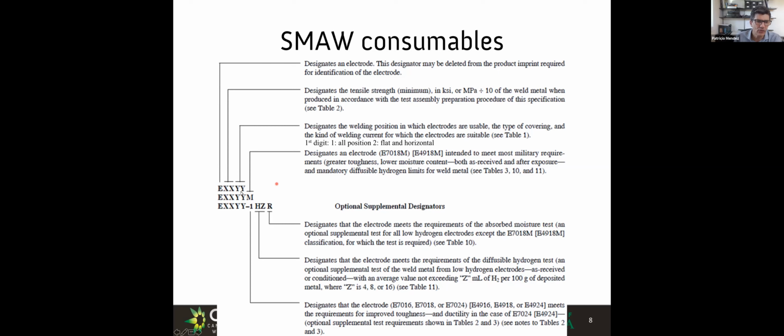And then there are more designations in the standard that you cannot possibly memorize. But I do want you to memorize what the KSI are, if it is all position or only flat or horizontal, and some numbers that we use very often, like 6010 and 7018 that we have already mentioned before.